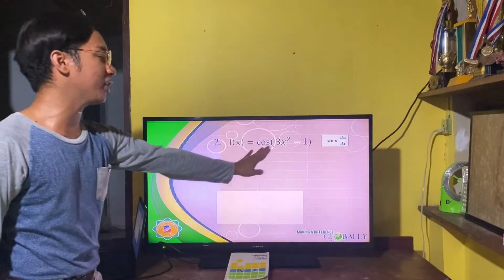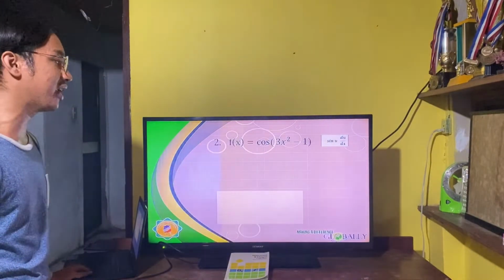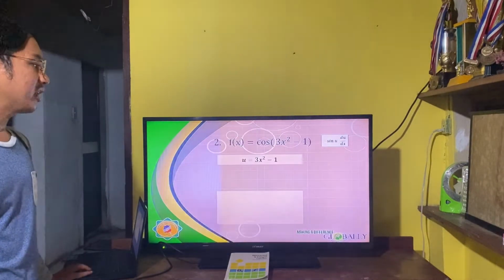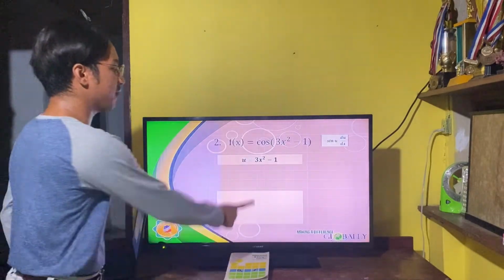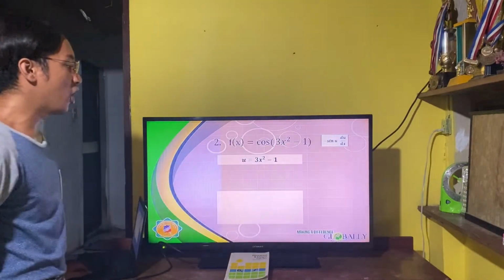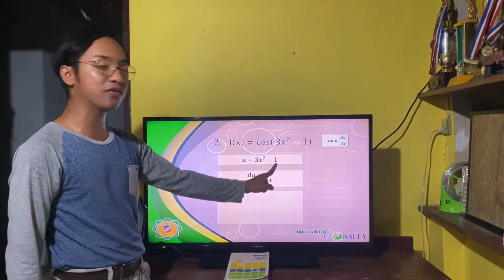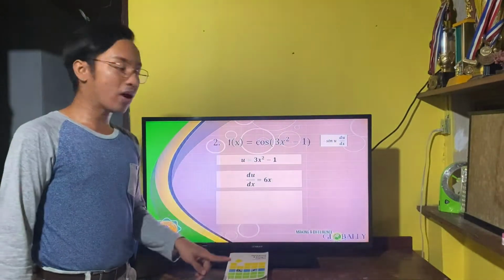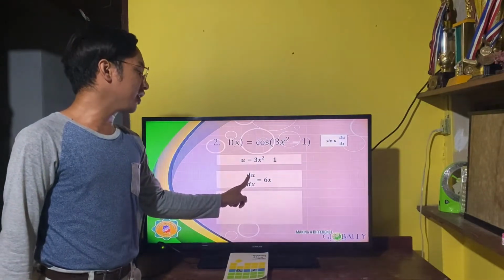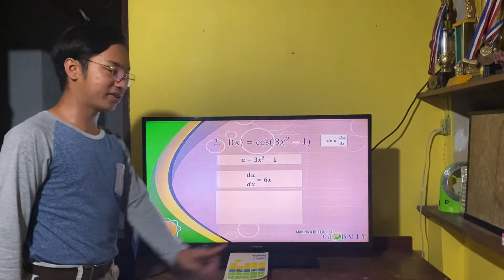And our u for this equation is 3x squared minus 1. So we have to get the derivative of 3x squared minus 1, which is 2 times 3 is 6x, and the derivative of a constant is 0.